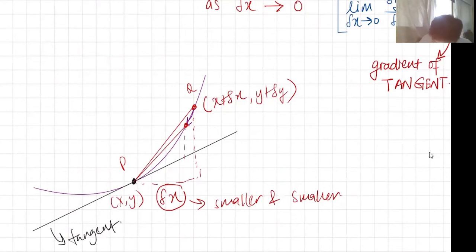I want to label again. Can you see now? The delta x now is smaller. This gap is smaller compared to the gap just now. The delta x is getting smaller and smaller. Now my idea is to force the delta x to be smaller and smaller and smaller, so that this point will keep approaching.